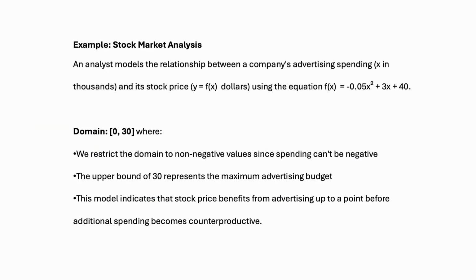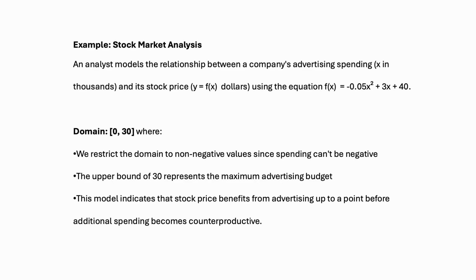So for example, an analyst models the relationship between a company's advertising spending, x in thousands of dollars, and its stock price, y in dollars, using the equation f of x equal negative 0.05 x squared plus 3x plus 40. Here the domain is 0 to 30,000, that's your x.